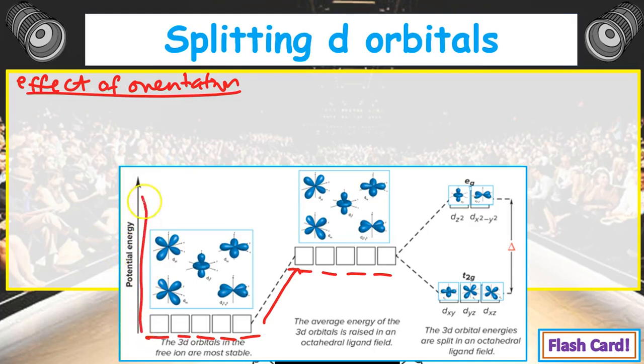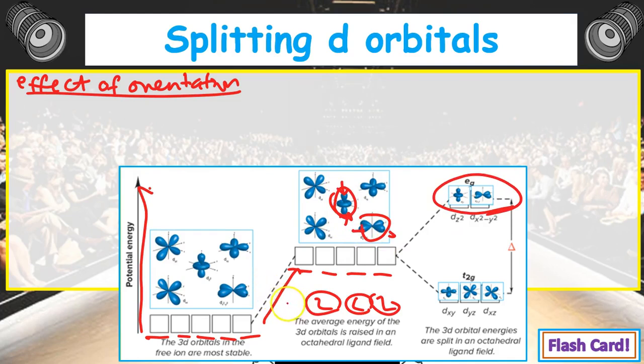So this is going to be our energy diagram. Of course, it's going to increase as you see here. Now, again, because we have those ligands approaching with their own electrostatic attractions, meaning negative charges, and their own magnetic fields, they're going to approach the d orbitals in a specific way. So there are going to be certain d orbitals, like this one here and this one here, where the ligands are going to approach directly towards the lobes of the orbitals.